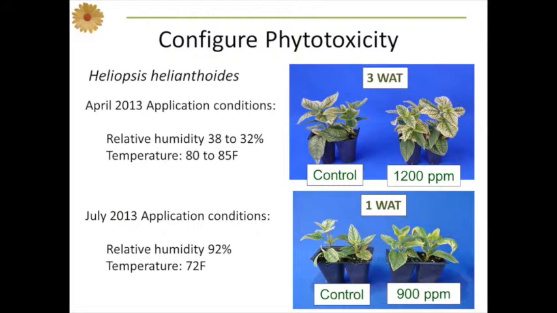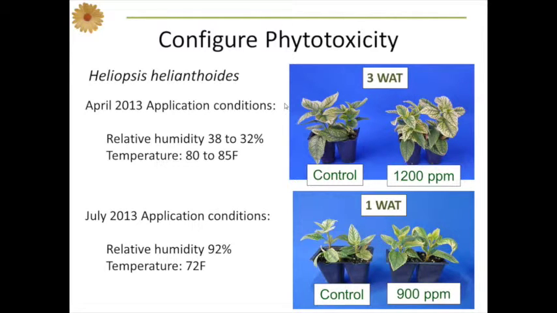So we can get a very different kind of response depending on the drying conditions when we make those applications. Now, this was never so important or never brought to my attention so clearly as it was last summer. We did a rate trial early in the year in April on Heliopsis, and we did applications up to 1,200 parts per million. Not what you're normally going to use, but this was a rate trial. We wanted to get to the high range.